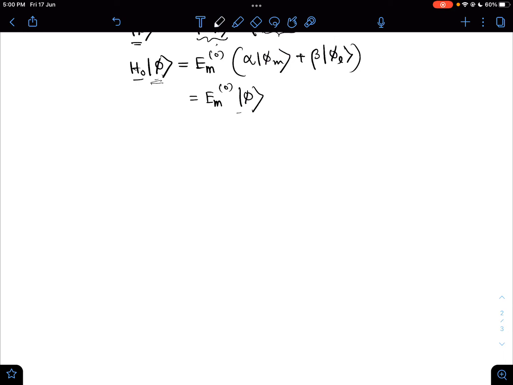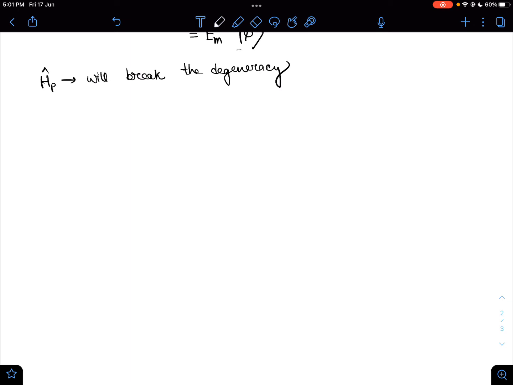Now what will be the case if we have a perturbation? The perturbation will break the degeneracy as we increase lambda from 0 to 1. If we want to express this in a graph, it will be like this. We have our lambda axis, this is the value 1, this is lambda value 0, and this is EM0.